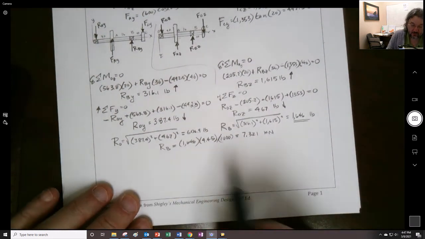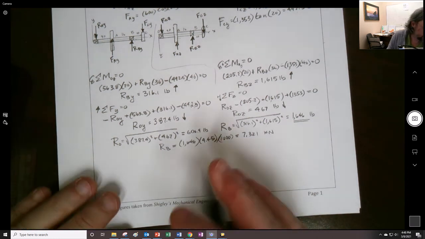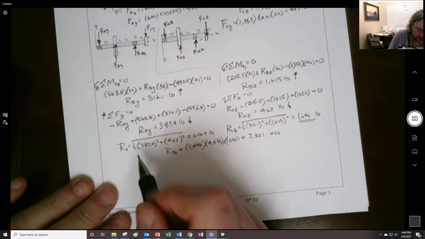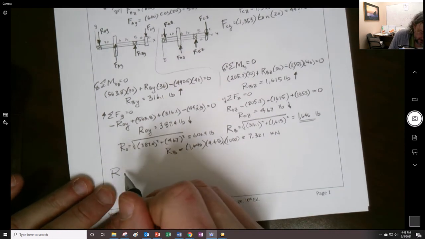So now we want to use that in conjunction with what we learned about bearings, right? And some preliminary things we want to do. This is a little confusing because I'm using R here, but this is the total.